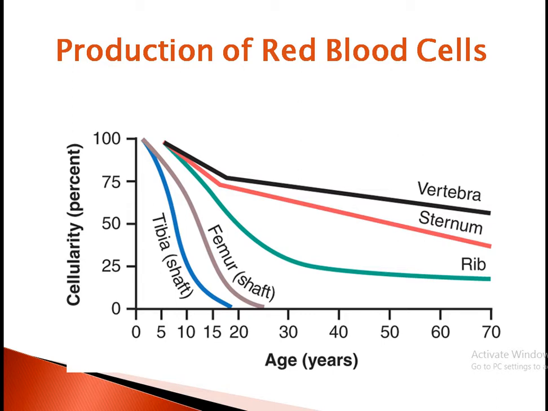Because of that, the tibia, shaft, femur and all these bones are shown here, in the bone marrow of which the RBC are produced.